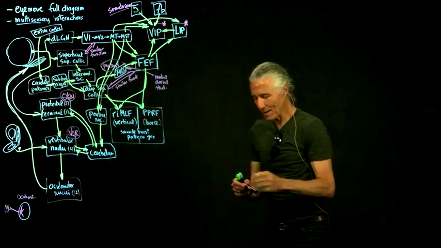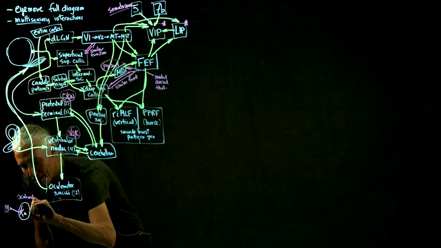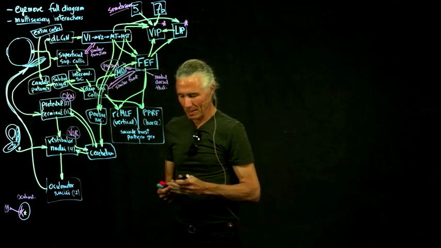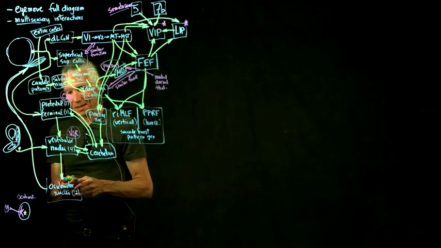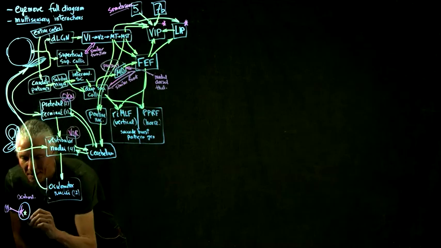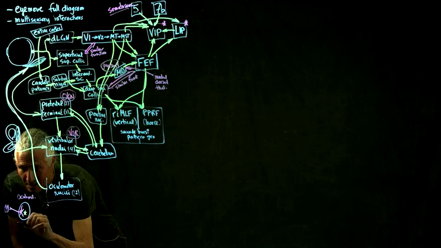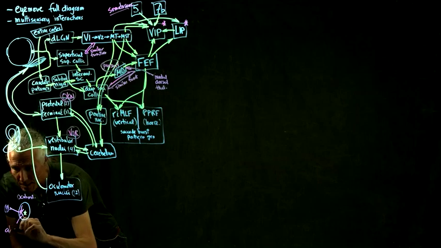But then you find some other neurons, these smaller neurons that are just sitting in there, and they don't actually project out. So in the case of the abducens nucleus, this guy is an abducens motor neuron.